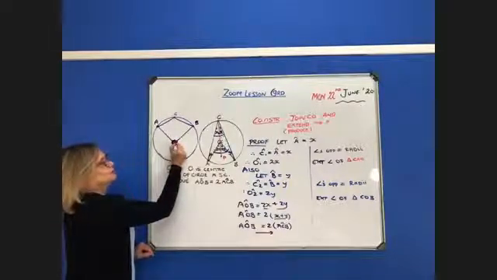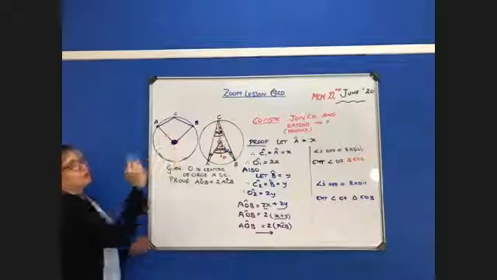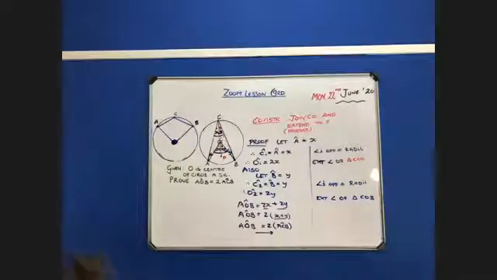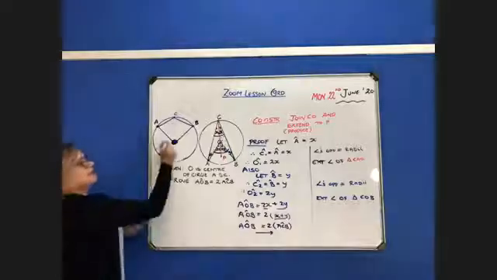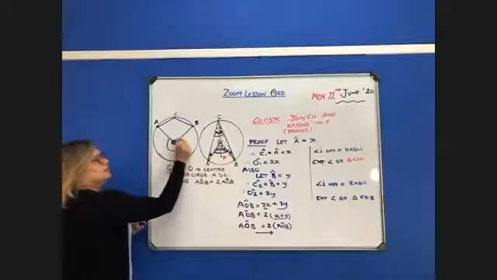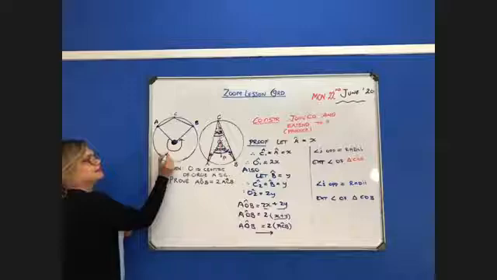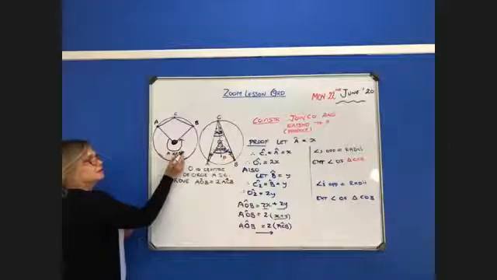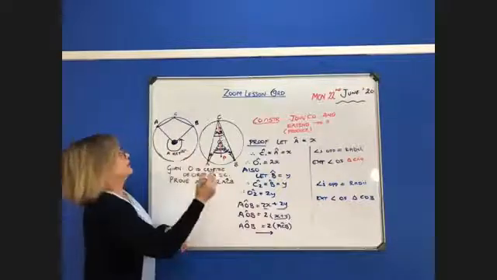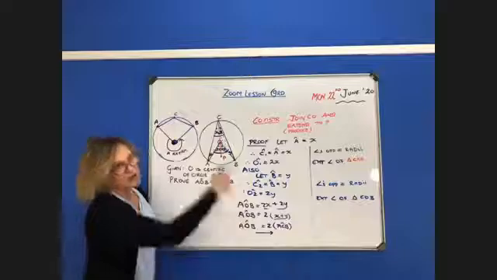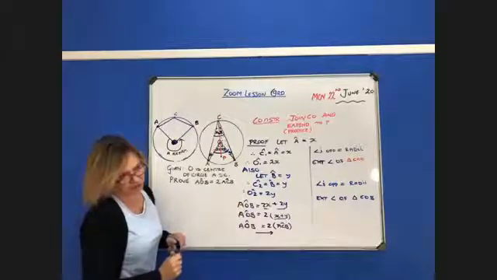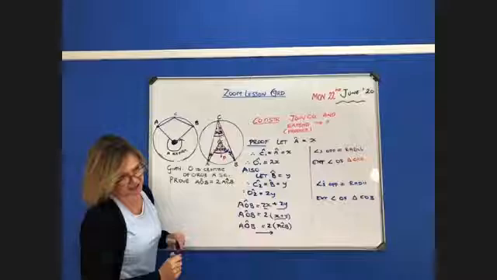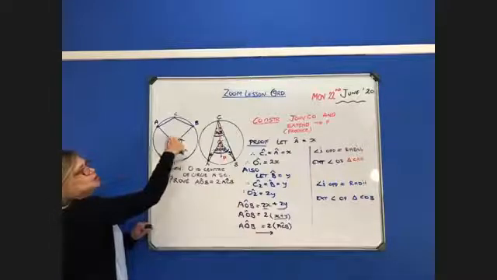Now, do you all agree that this angle here is called a reflex angle? Bigger than 180 degrees, but smaller than 360. And there is your acute angle.